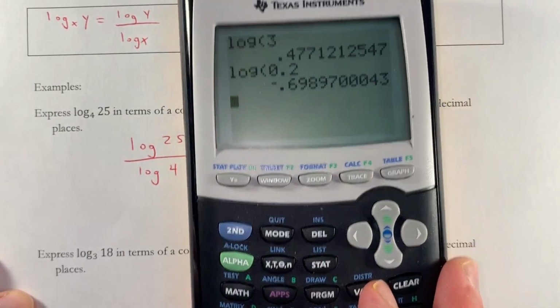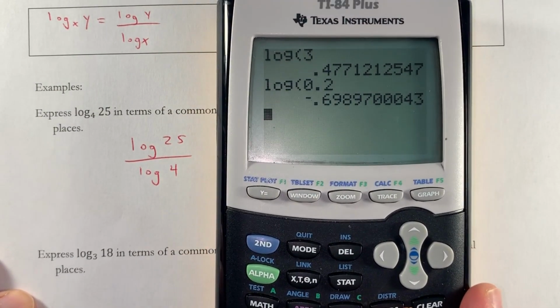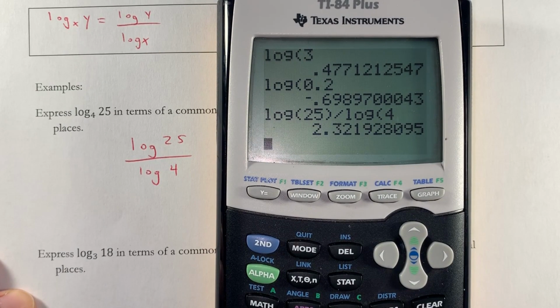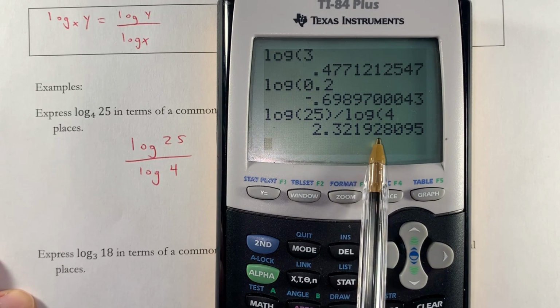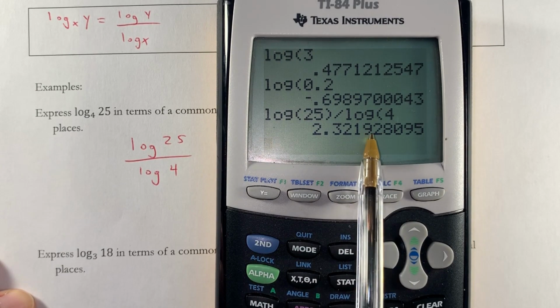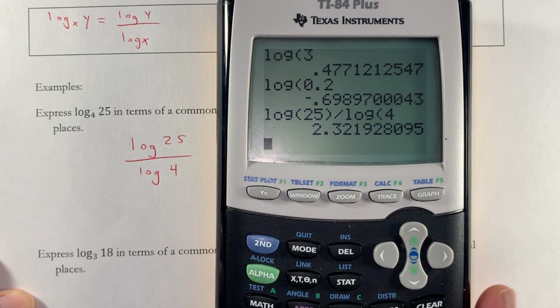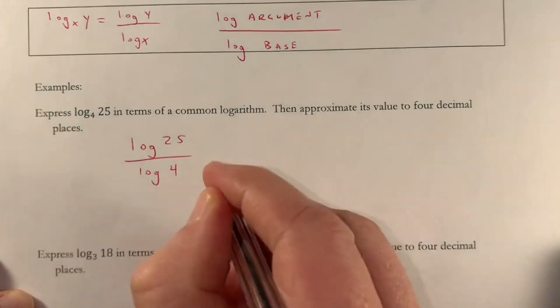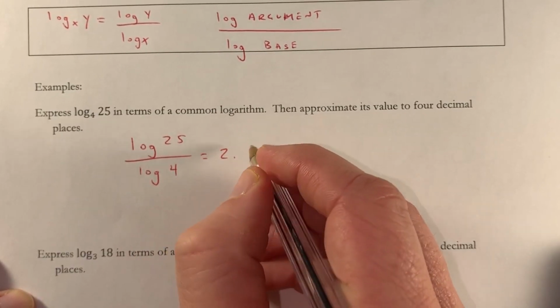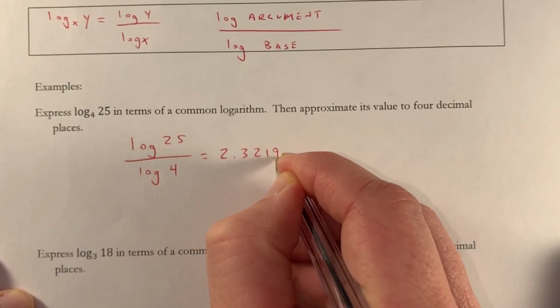So we're going to do log 25, I need to close those parentheses first, divided by log of the base, log 4, and that's 2.3219. It says keep 4 decimal places. The fifth one is a 2. That's not big enough to bump that up, so it's 2.3219.